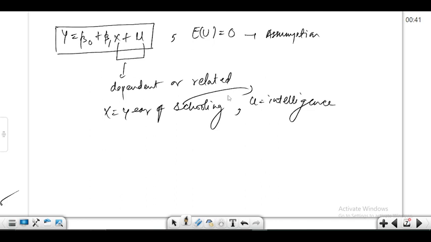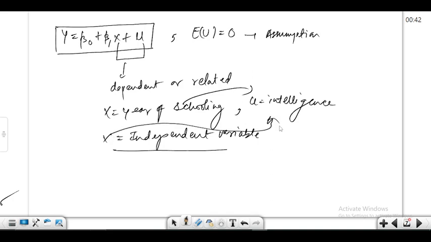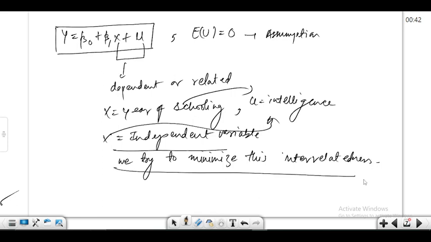This interdependence between x and u can affect our model, because we are taking x as the independent variable, and we want y to depend upon x, and we don't want x to be dependent on any other variable. So we try to minimize this interrelatedness.